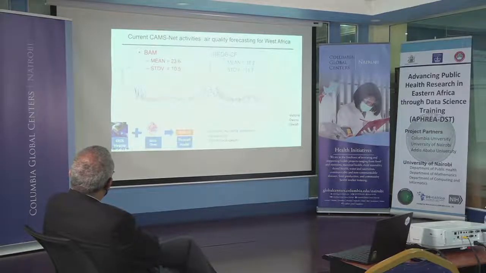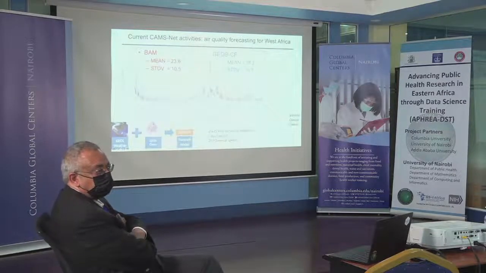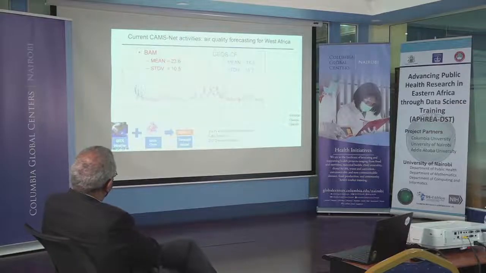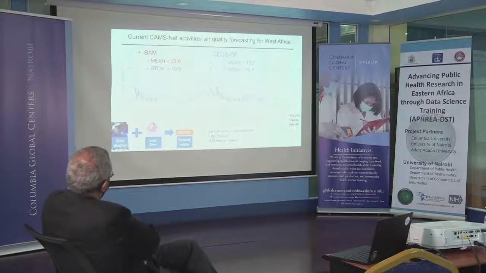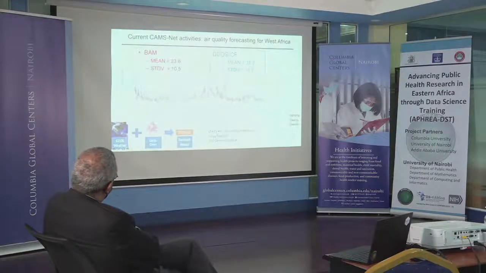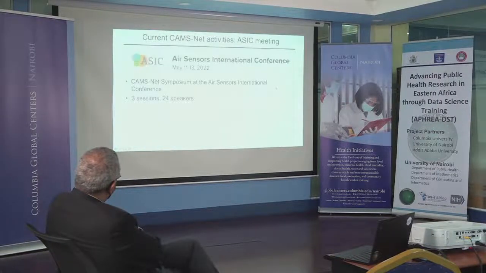This is again across the data, and the blue is the model predictions for PM2.5 from April 2021 to October 2021. Red is the observations. You can see that the model and the observations actually track each other pretty well. So for a fairly coarse resolution model, this is rather encouraging. There's a lot of potential here for using this data in different data science techniques.